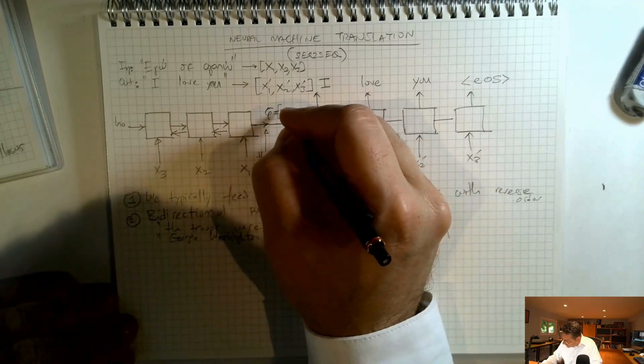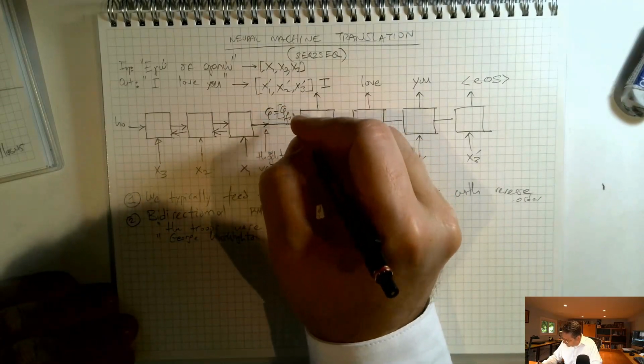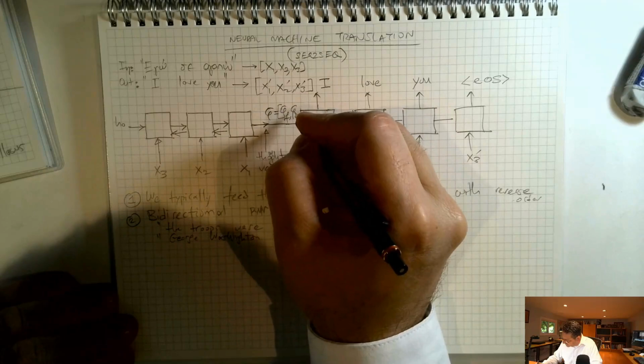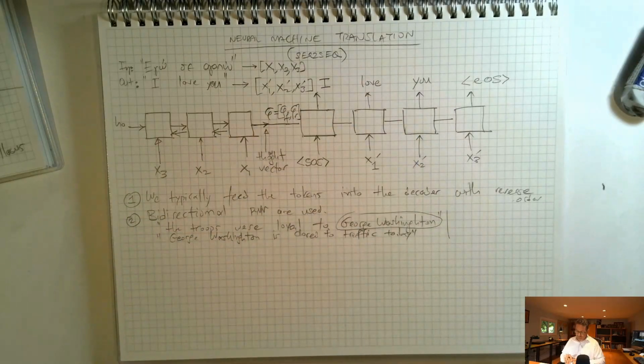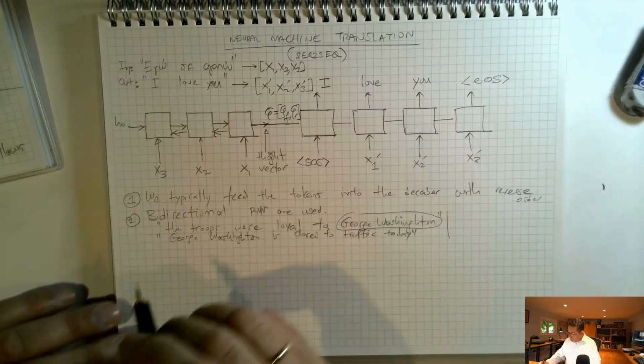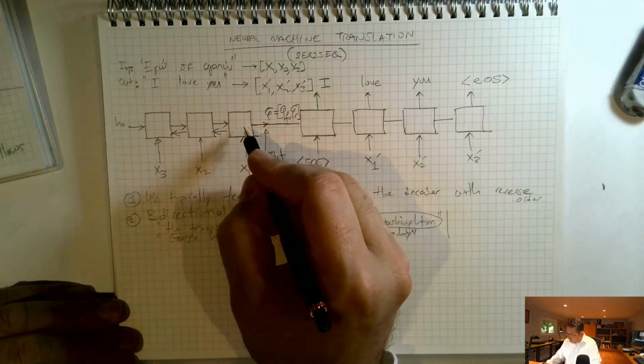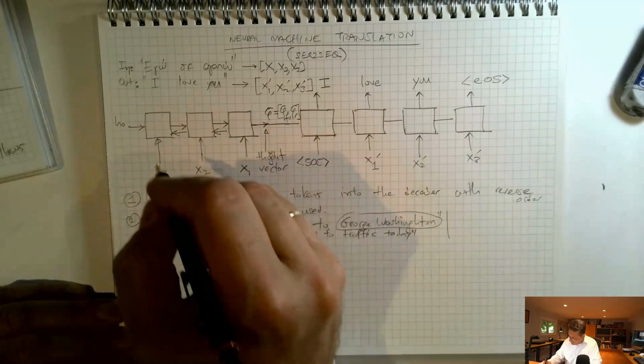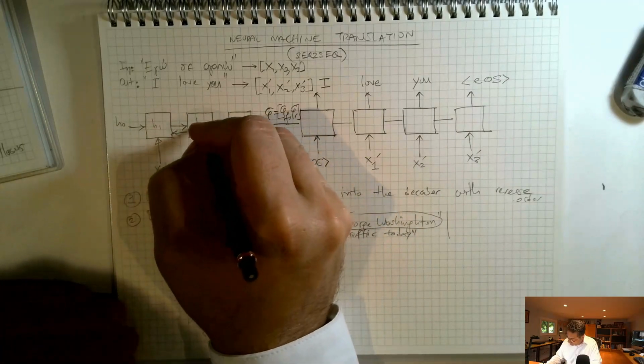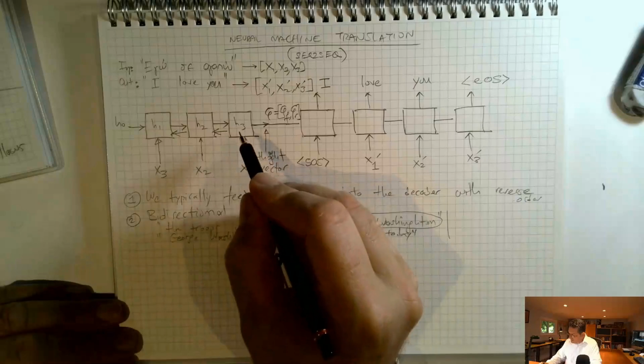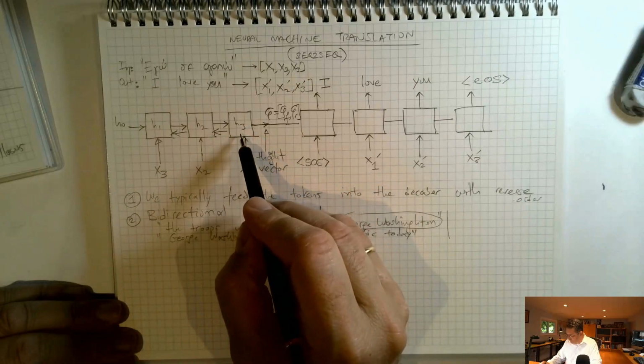I'll be calling phi f the first one and phi r the second one. So we have two vectors and we are concatenating them together. Needless to say, phi f is the last hidden state of this encoder RNN.